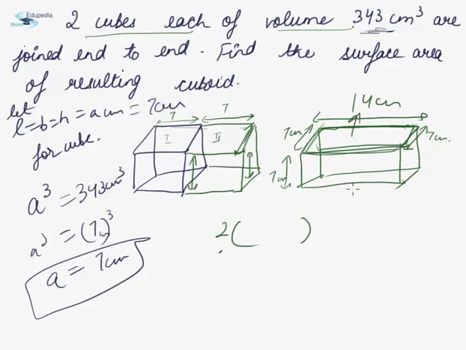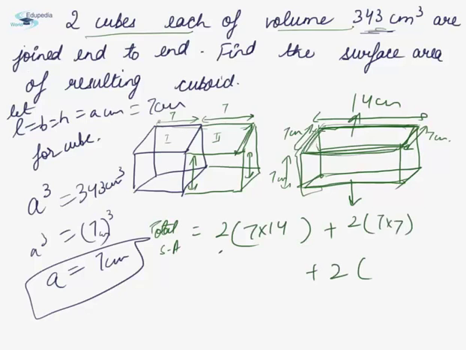Because this face is identical to this bottom face. So if we have calculated the area of this face, this area can also be calculated. Thus the total surface area will be 2 into, first of all, the area of this face, that is 7 into 14, plus 2 into the area of this face, that is 7 into 7. Why 2? Again because this face is identical to this face. Now we have taken into account the top and bottom faces and these two side faces.